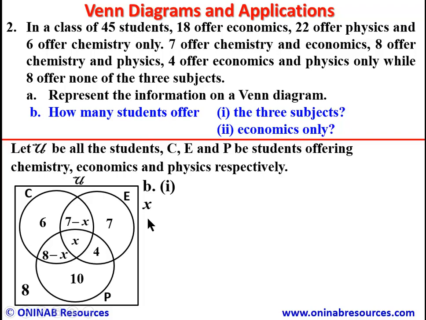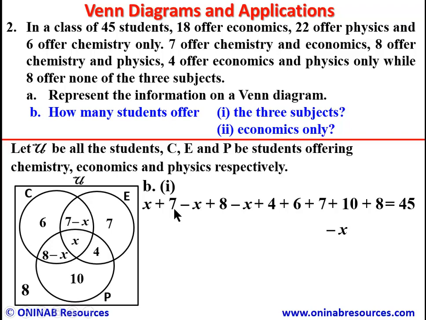So we now have it as x plus 7 minus x plus 8 minus x plus 4 plus 6 plus 7 plus 10 plus 8 is equal to 45. So this x minus x gives 0. We are left with negative x here. 7 plus 8 gives 15.